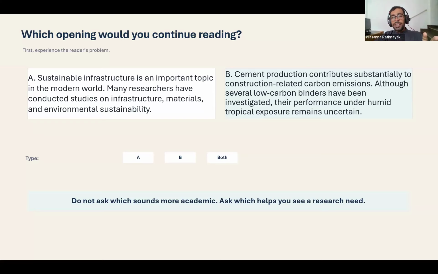Your reader should have a reason for reading it. And at the very first glance, he or she should be able to detect, this person is researching this and this is the gap identified.